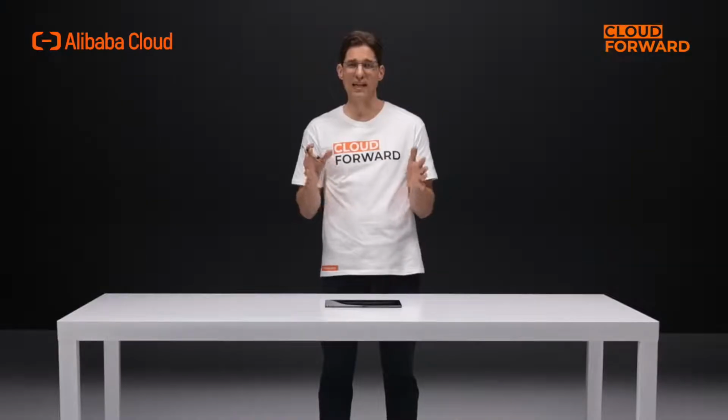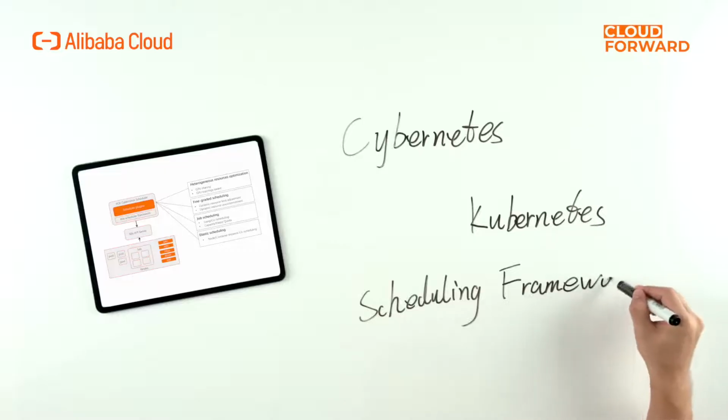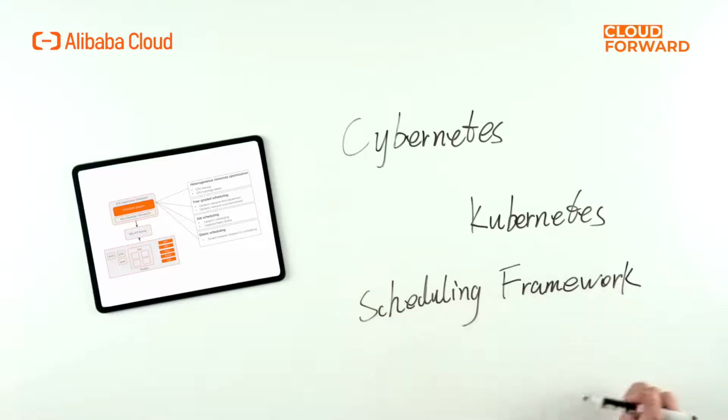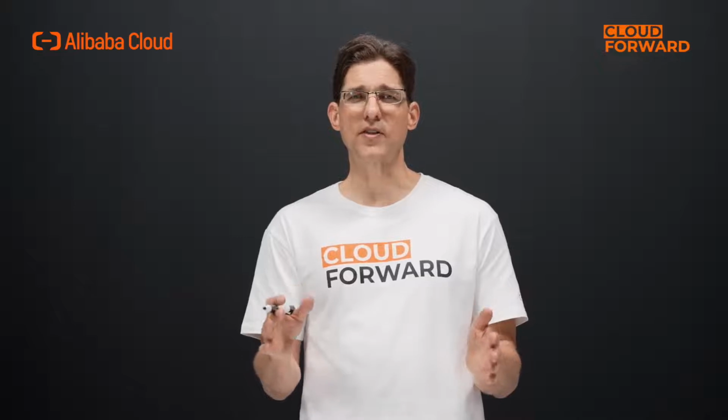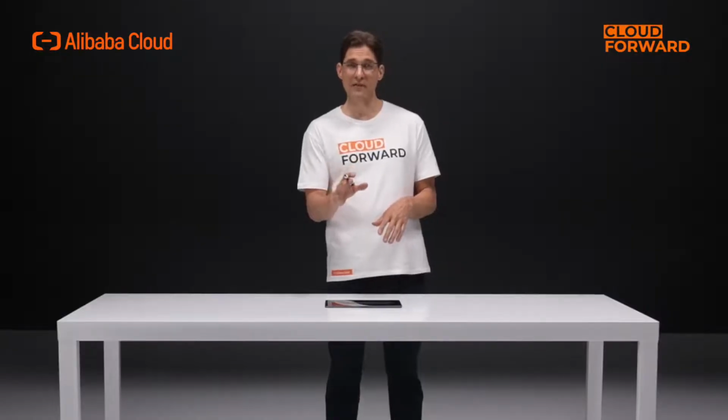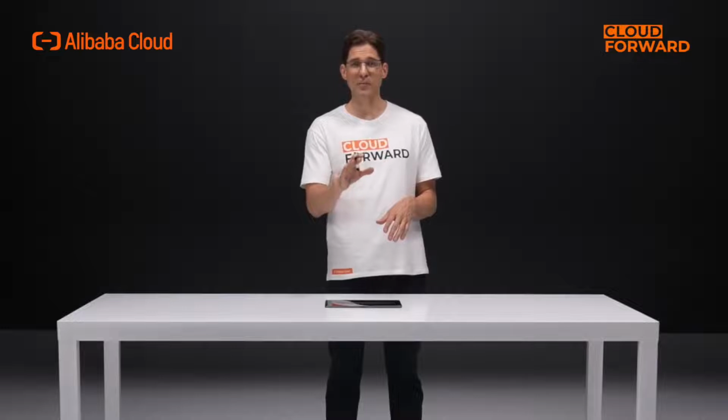Koordinator is ACK's unified scheduling system for different task loads and elastic resources, built on the Kubernetes scheduling framework. To improve application performance and overall resource utilization, it supports mixed scheduling of different elastic resources, fine-grained scheduling of heterogeneous resources, job scheduling of batch computing, and so on.